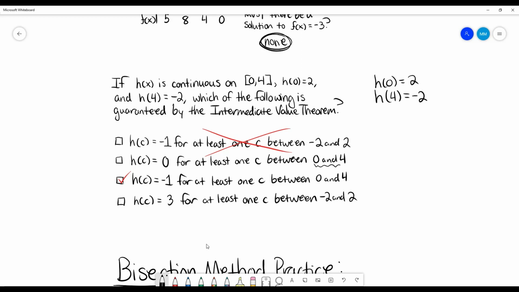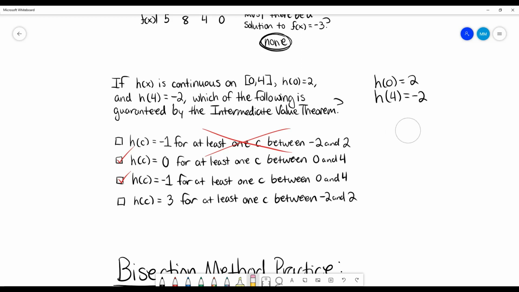So we see that the interval's right, because we're looking at our x values, which is good. But let's see, is 0 guaranteed by that range there from -2 to 2? Yeah, if the function's continuous like they say it is, we have to cross 0 at some point to get from our negative number to our positive number. So this one's also going to be correct.